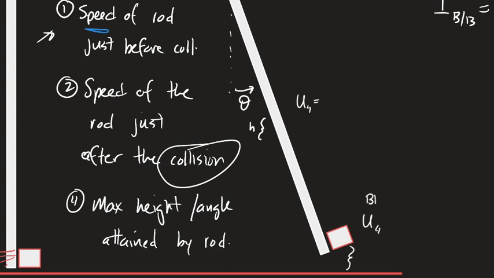So this one's for the block, and this one's for the bar. I'm going to give you a hint. Treat the block like it's on a string that is L long, because you want both of these in terms of theta. Give you a second.